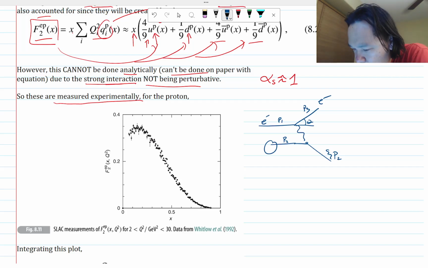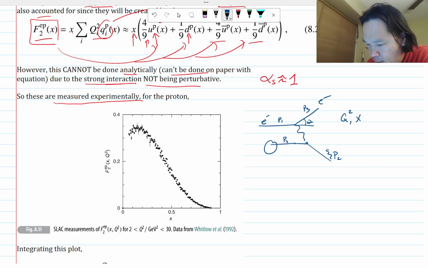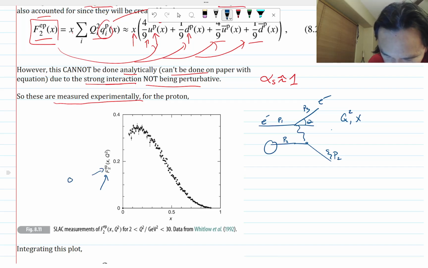Okay. What happens is that if you can do this at a particular Q squared and x, you can make a plot of this structure function, right? Because this is proportional to d sigma over dQ squared dx, right? So if you're holding these constant, then this is actually proportional to the cross section.